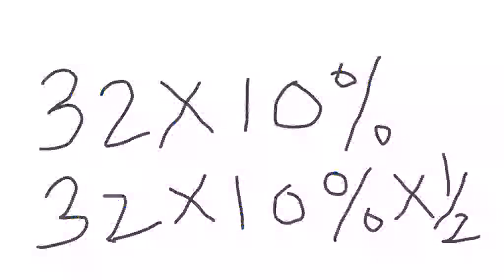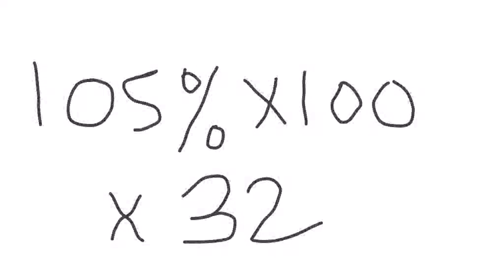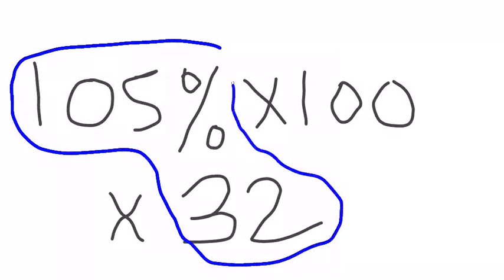So basically you multiply these two first, and then in the end you multiply it by 100.